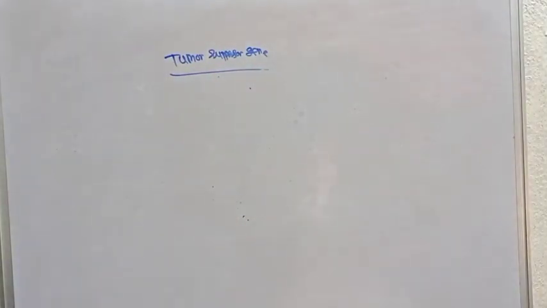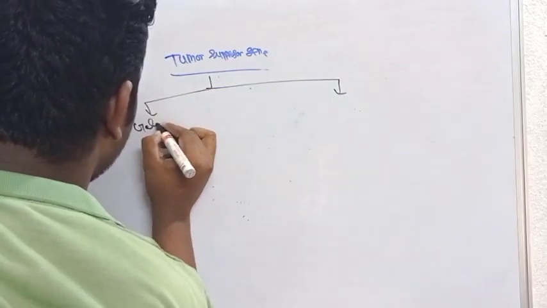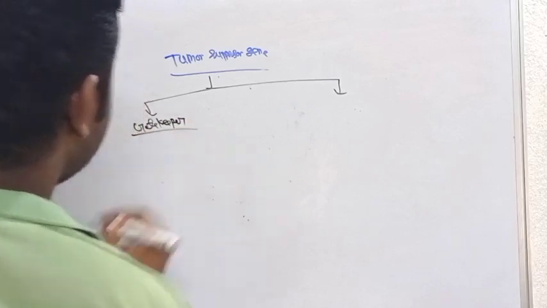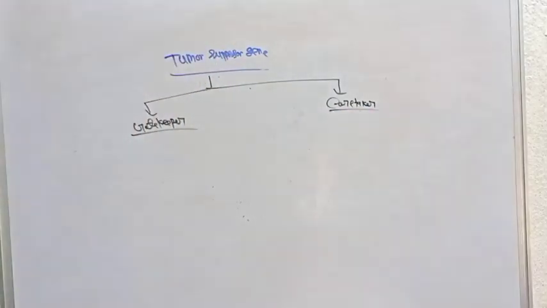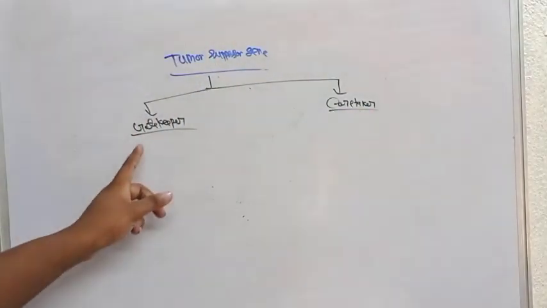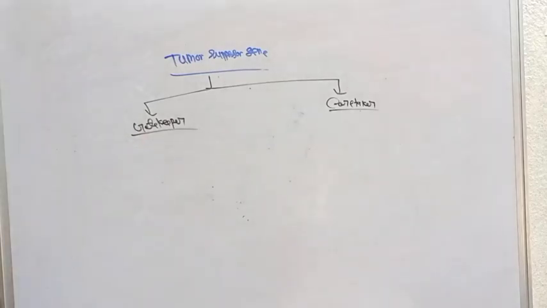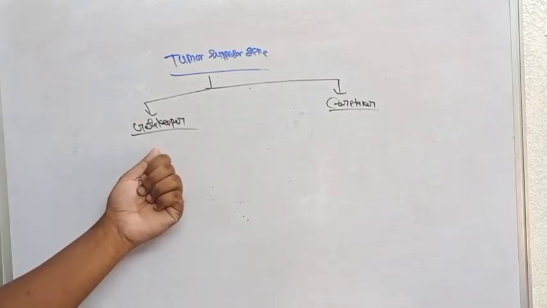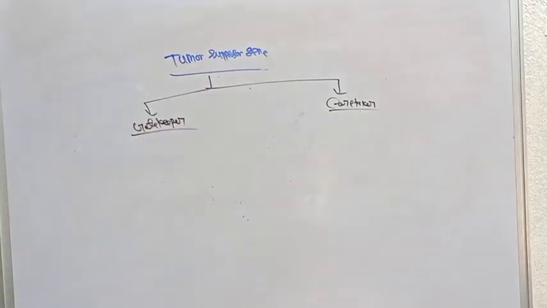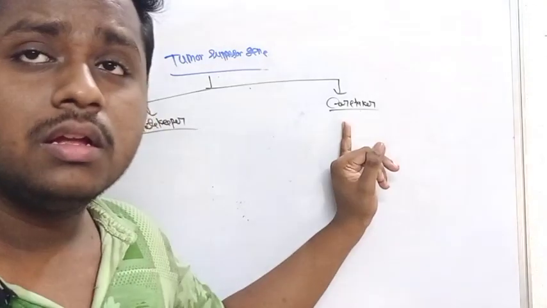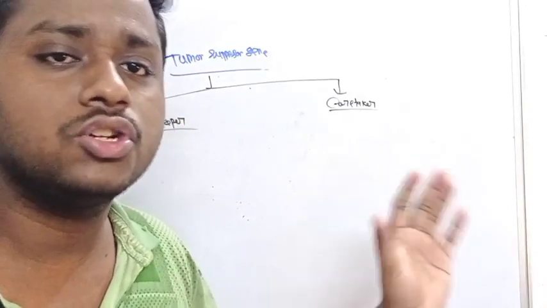Tumor suppressor genes have different kinds of functions. The most important are gatekeeper function and caretaker function. Gatekeeper function allows apoptosis, and the arrest of the cell cycle and cell proliferation is also controlled by the gatekeeper function of the tumor suppressor gene. The caretaker function checks whether the DNA is damaged or not.